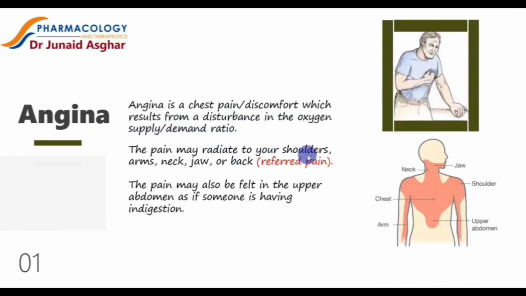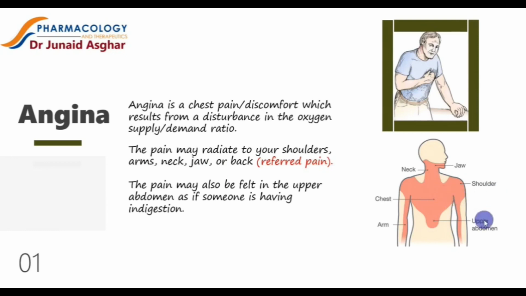The pain may radiate to your shoulders, arms, neck, jaw or back and is termed referred pain. Now, referred pain is a pain which is felt in the regions around the site of its actual origin, which is the chest.